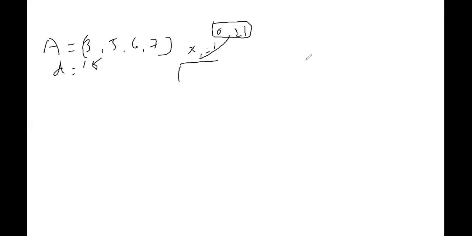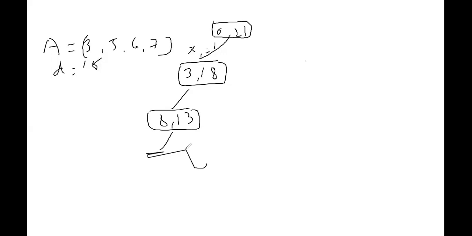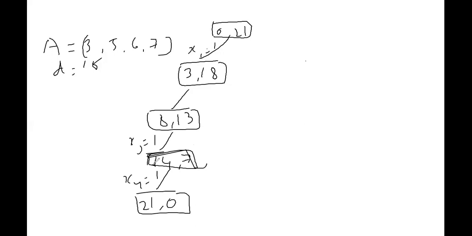Okay, so 3, 18, and this is 8, 13. This is 14, 7, I guess, right? So 7, and this is 21, 0. This indicates x4 is equal to 1, x3 is equal to 1, x2 is equal to 1.